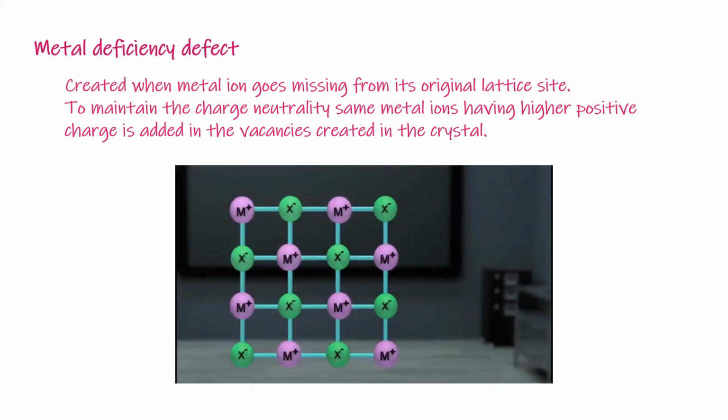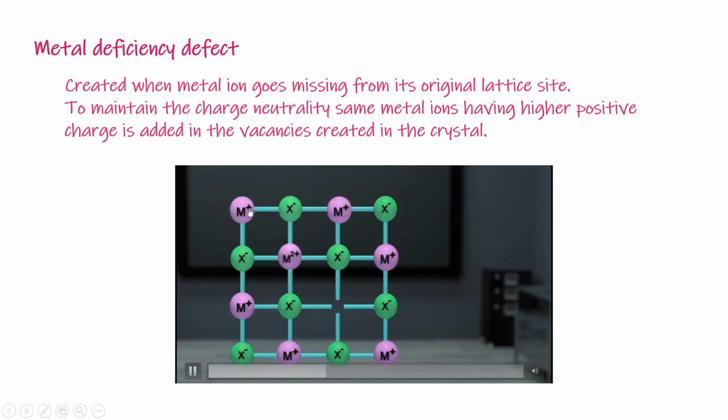Let us consider this is a crystalline solid. It consists of both positive and negative ions. Now 2 positive ions are missing, so 2 vacancies are created. These vacancies are filled by the same metal ion having a higher charge to maintain the crystalline solid electrically neutral.